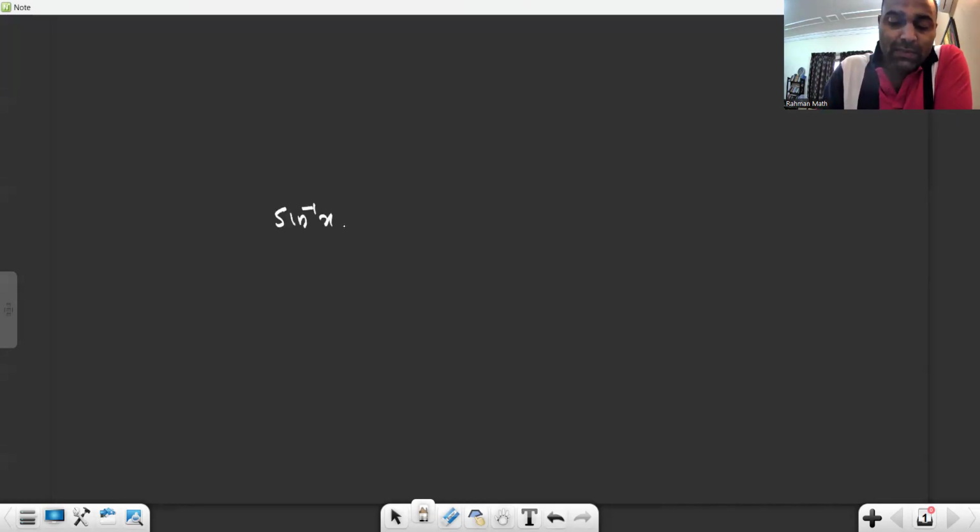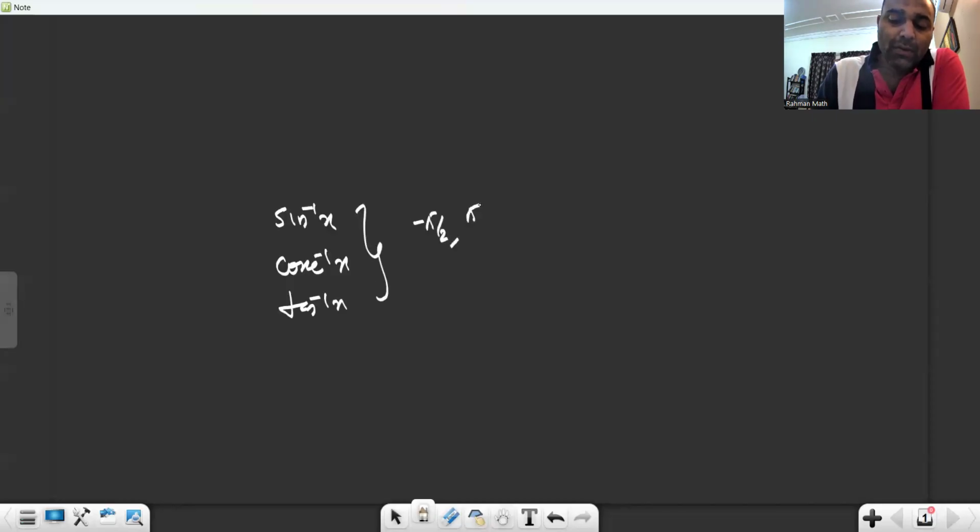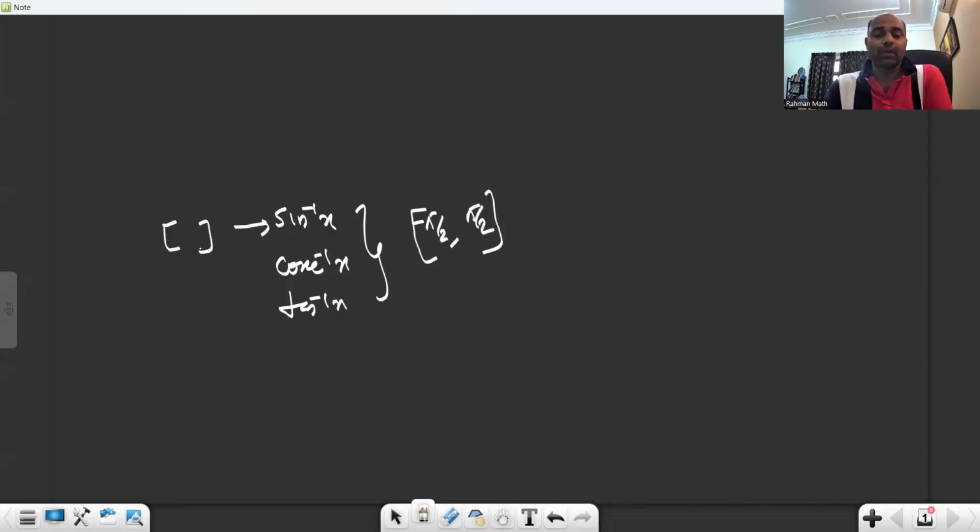Sine inverse x is the reciprocal of cosec inverse x, and there is tan inverse x. These principal values always lie between minus pi by 2 to pi by 2 with a certain restriction. The restriction means the value lies in the closed interval minus pi by 2 to pi by 2.